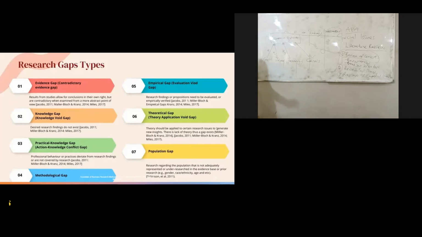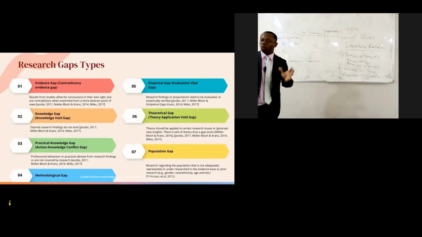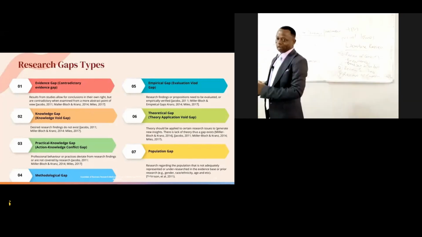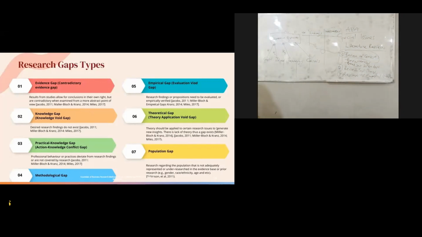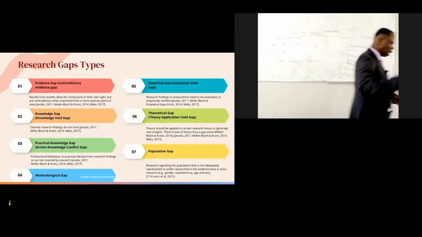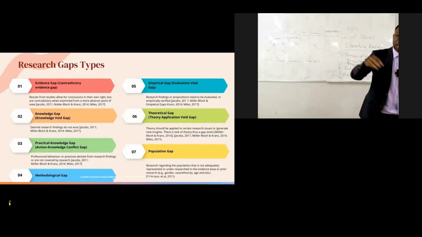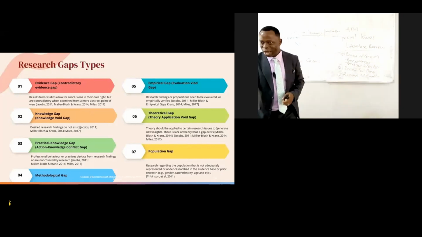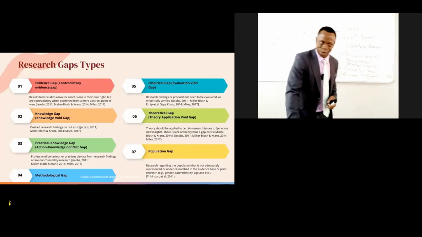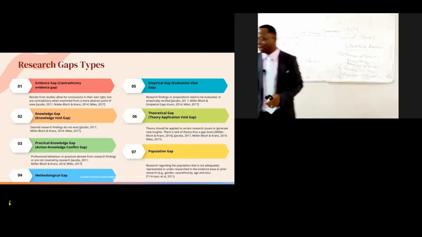Another person will say that no, Africa is small. Let's use developing countries. Another person will say that no, why don't we compare developing countries to developed countries. Another person may say that why don't we divide the research and look at it in terms of its various impact on women, men, and children. Or you look at people with disabilities.